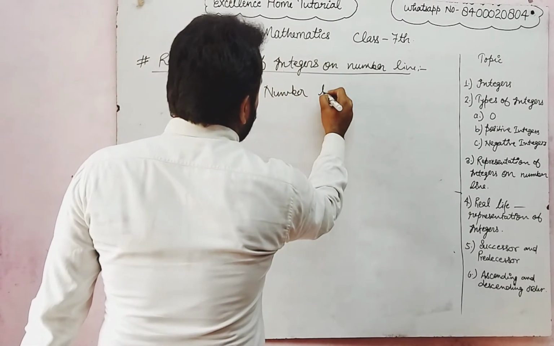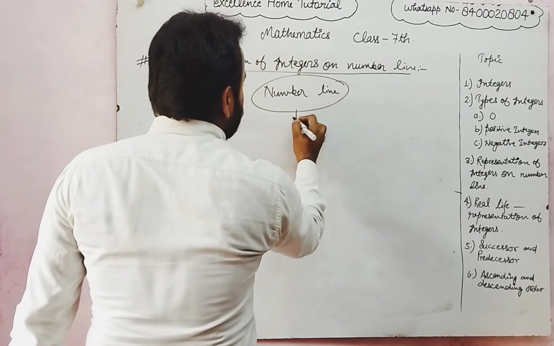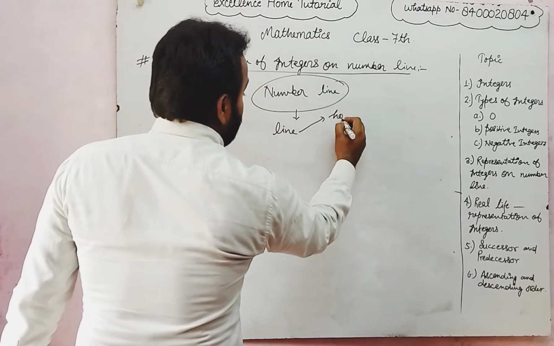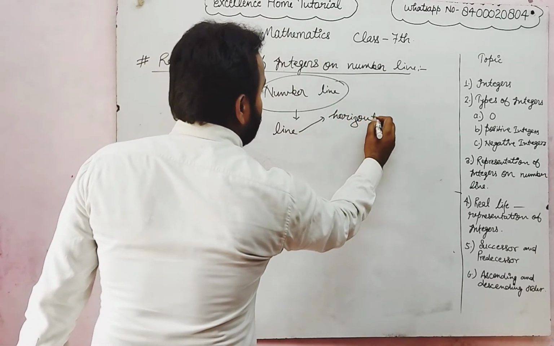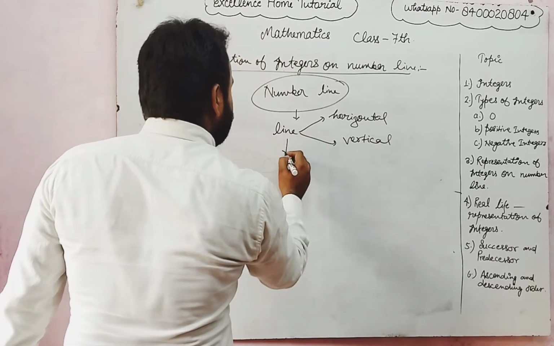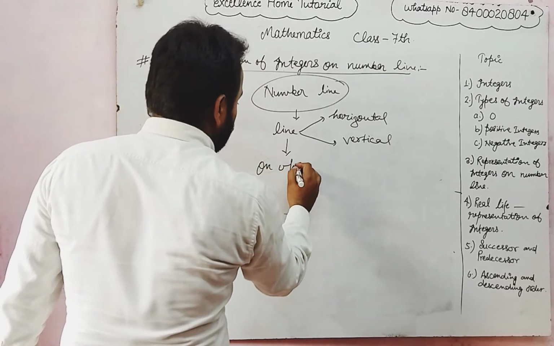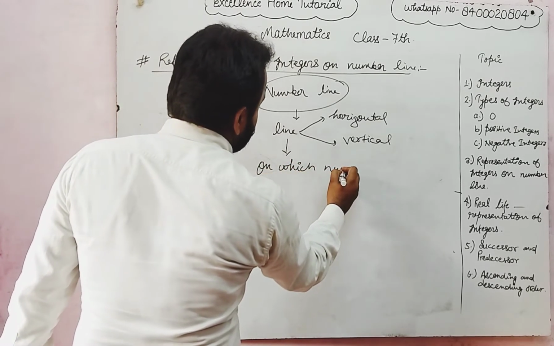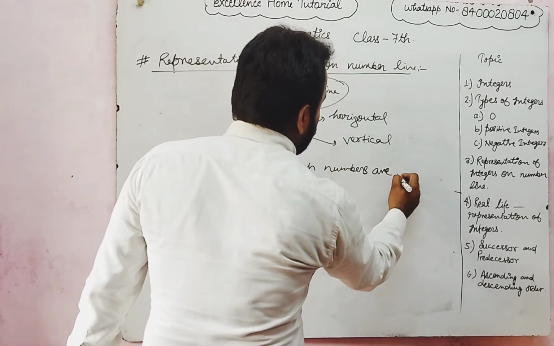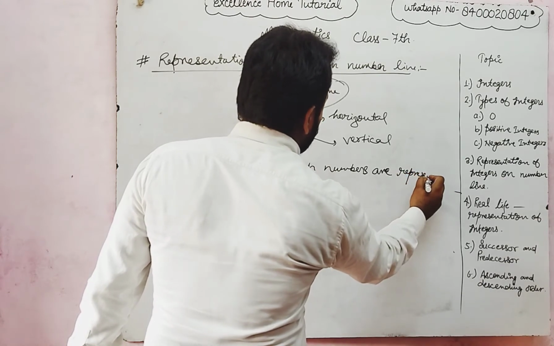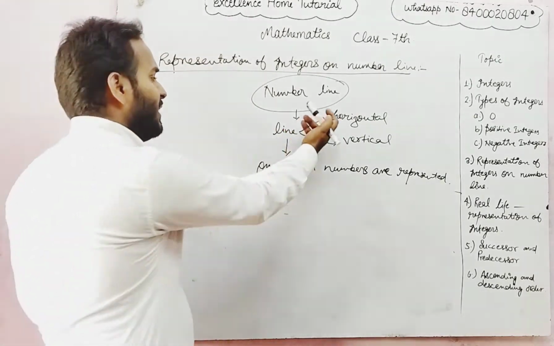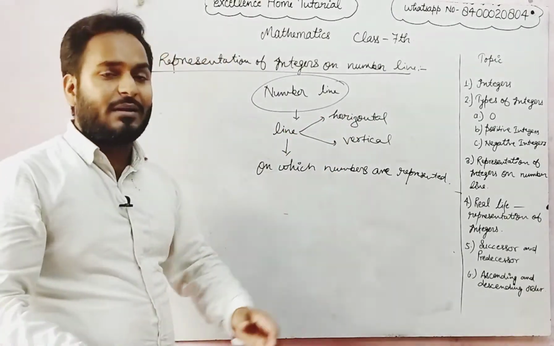A number line is a line, which may be horizontal or vertical, on which numbers are represented. Number lines are basically of 2 types, horizontal and vertical, on which numbers are represented.